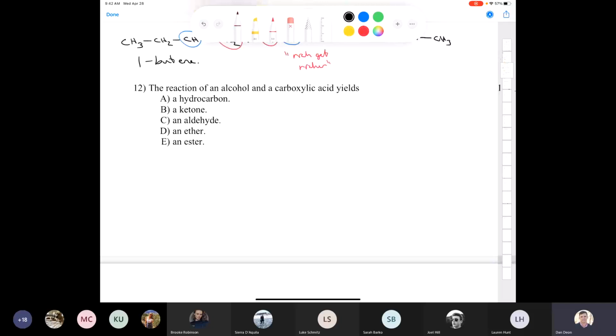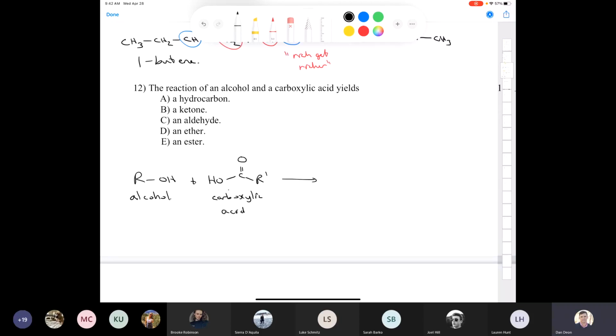When we take an alcohol and we treat it with a carboxylic acid, which I'm just going to draw like this. So this is a carboxylic acid. What do we get?